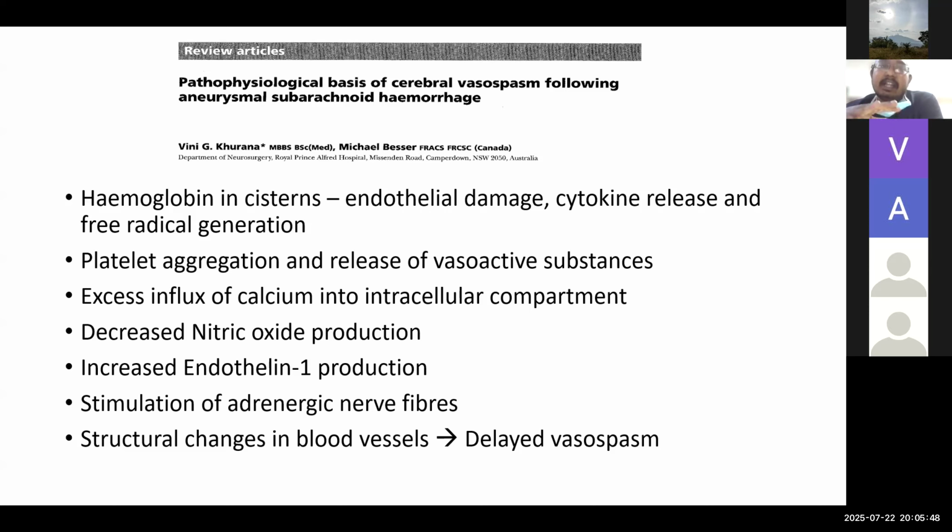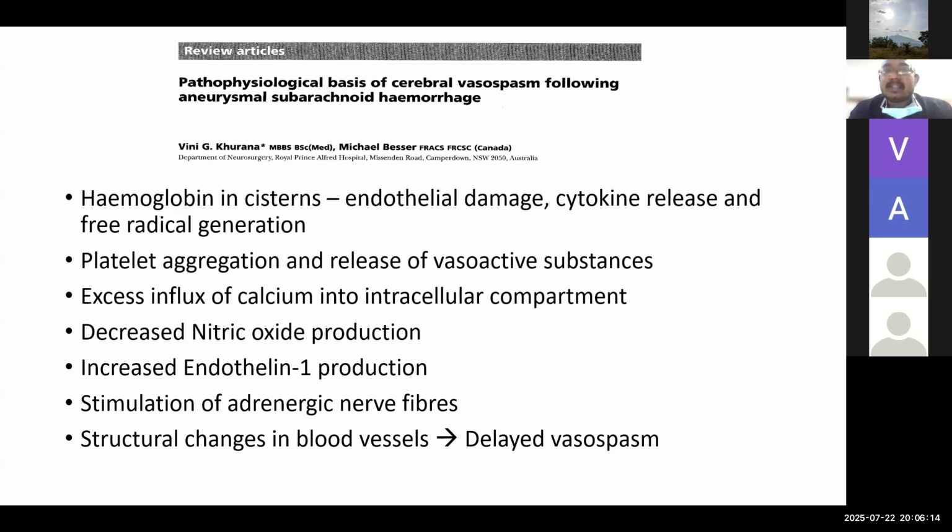And if all of these processes are sustained, then we see structural changes in the blood vessels, which is a cause of delayed vasospasm. So it is more of a vasculitis, a delayed vasospasm phenomenon. So this is the basic pathophysiology of how cerebral vasospasm happens following aneurysmal subarachnoid hemorrhage or any blood spill.